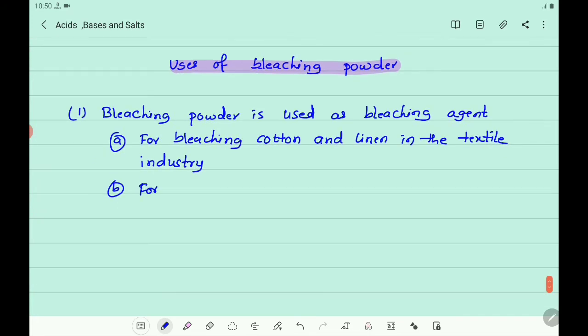Then, for bleaching wood pulp in paper factories. And for bleaching washed clothes in laundry.